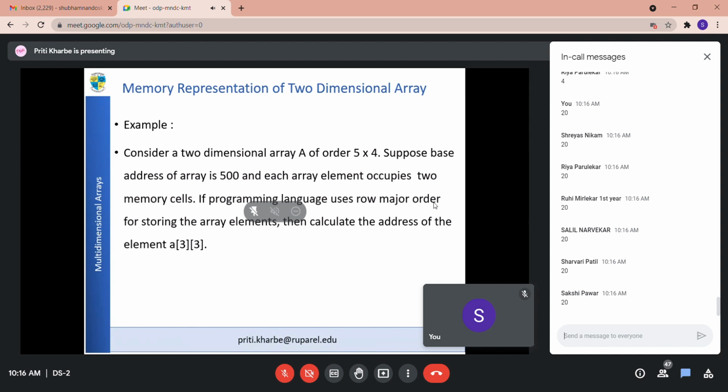Correct answer. Good. Base address is 500, right? So base of A is 500. What is value of W? 2. Okay. So now let's move ahead. And they are asking address of A33 using row major order. What is value of I and J?